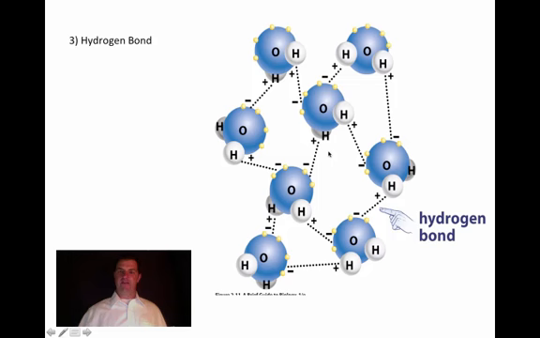And when you take water and it is mixed with other water molecules, this bond right here becomes your hydrogen bond. So the bond between the oxygen here and the hydrogen here, that's your polar covalent bond.